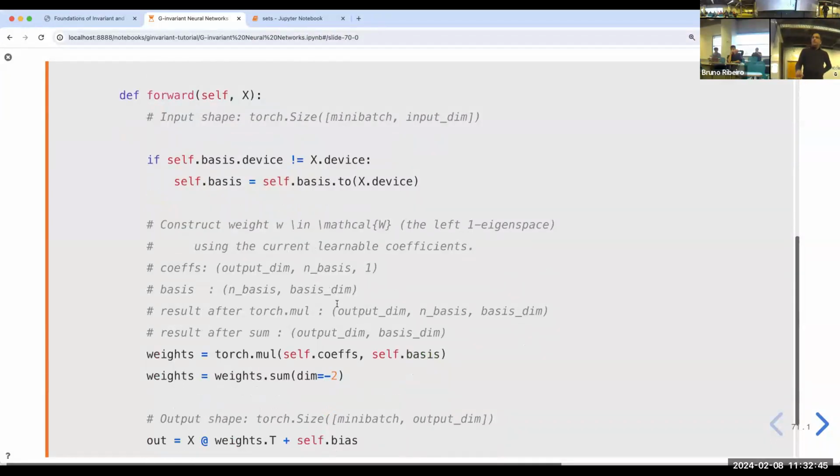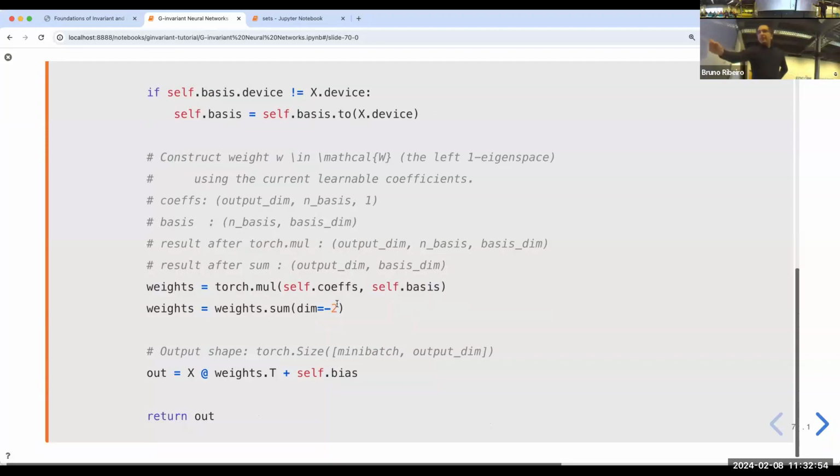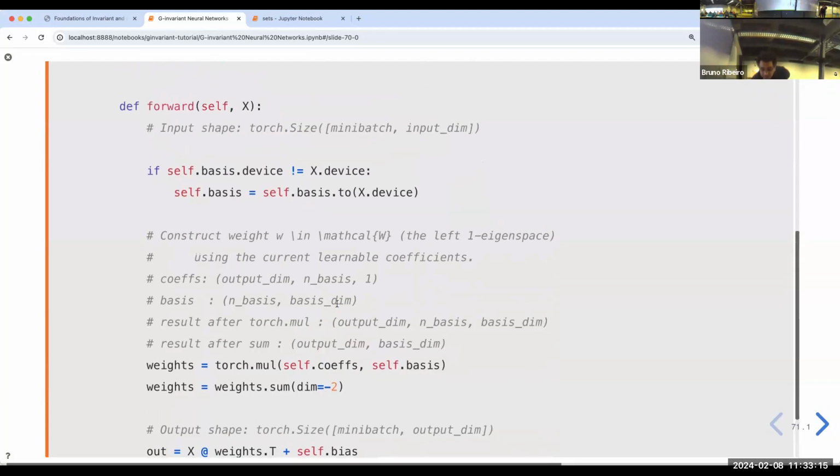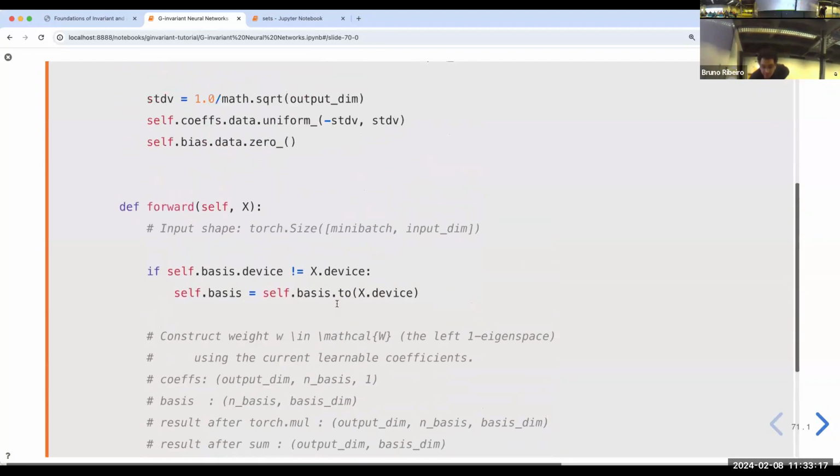So in the forward, I am going to put the basis on the GPU if I have one. Then I multiply the coefficients by the basis and I get the weights. Now these weights, you can use exactly the way that you would use weights of a neural network. You multiply the weights by the input, you get this inner product, you add a bias, and this is your new linear layer.